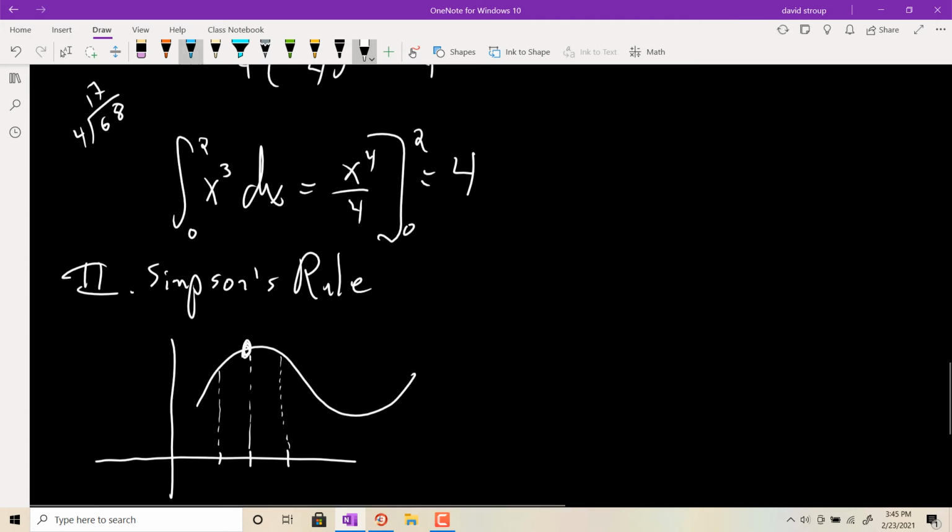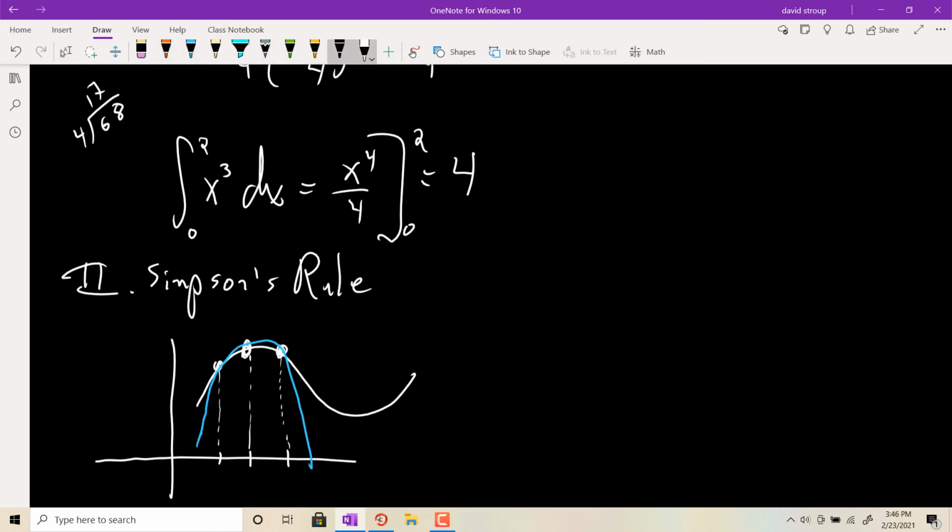And then you're going to thread a little polynomial through it, the quadratic polynomial that goes through these 3 top points, here, here, and here. So maybe a quadratic that looks something like this, that will conform pretty well to the function. And then you just find the area underneath that polynomial, and you're going to be good to go. So you're basically finding the area under a bunch of polynomials and using that to approximate the area underneath the curve.